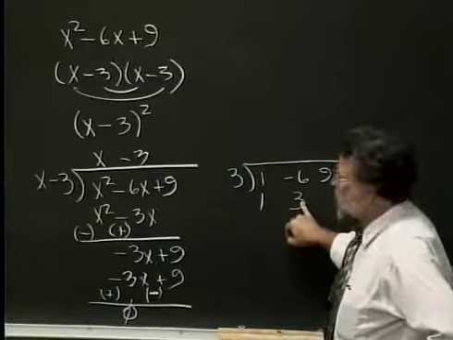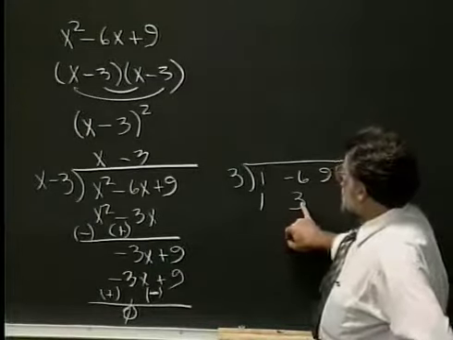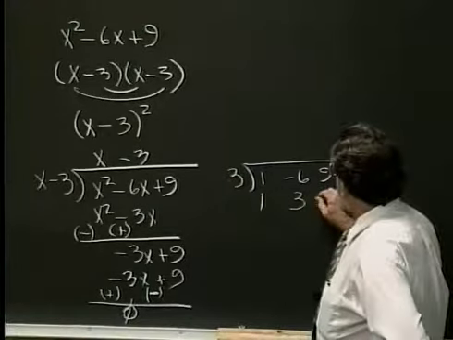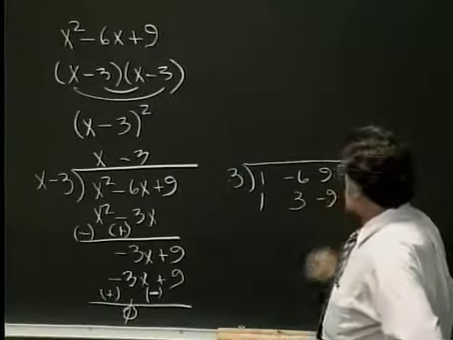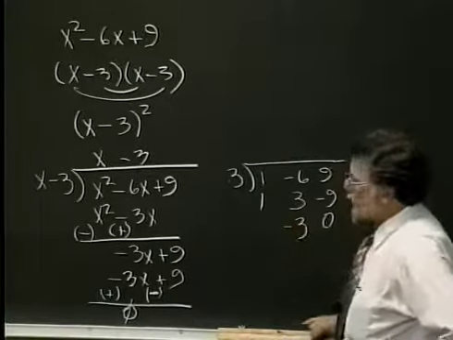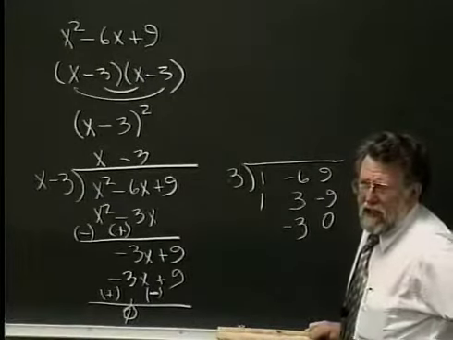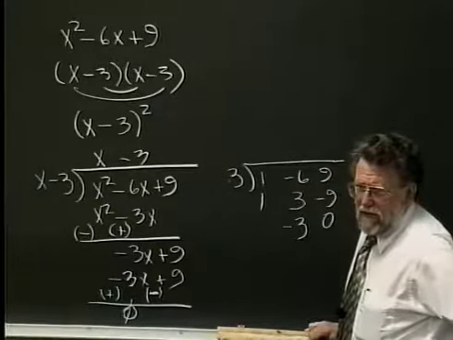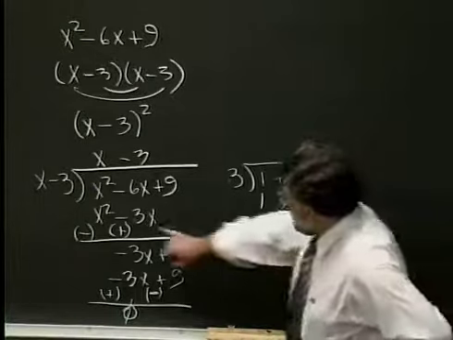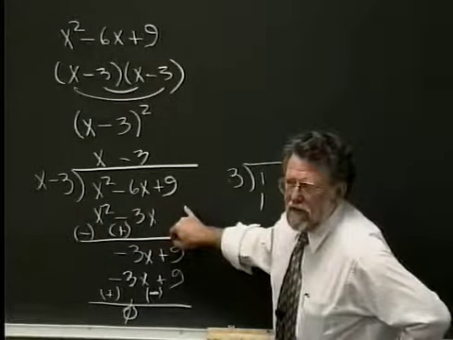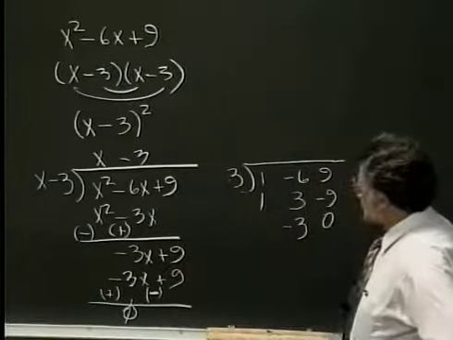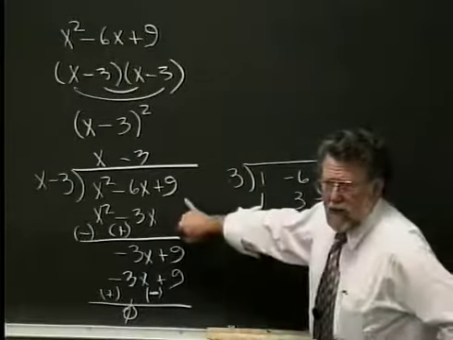That gives me a -3, and -3 times this 3 is -9, and that gives me a 0, and therefore I know x minus 3 is a factor because I got a 0 at the end here. So what it looks like is taking the coefficients and forgetting about the variables. And I just illustrated here the very process that I went through in this problem.